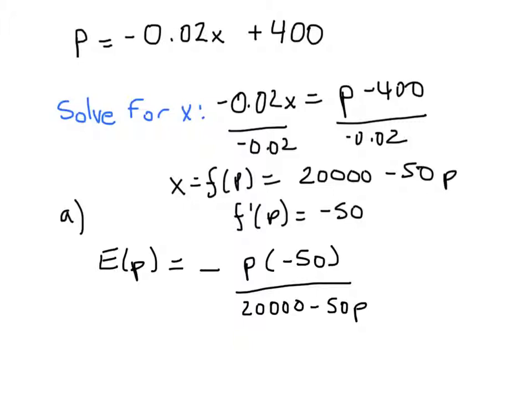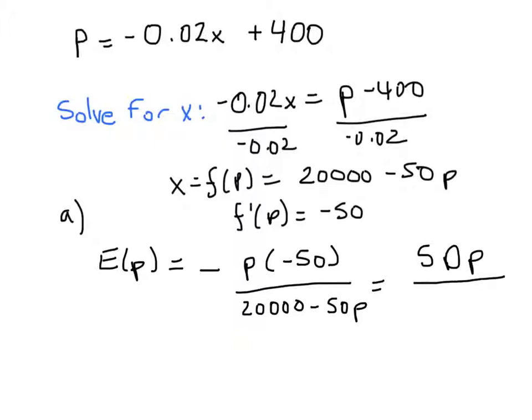And with a little bit of factoring, I can factor negative 50 out of the bottom. So on the top here, we get 50p. The negative 50 times this negative sign out front make a positive 50p.